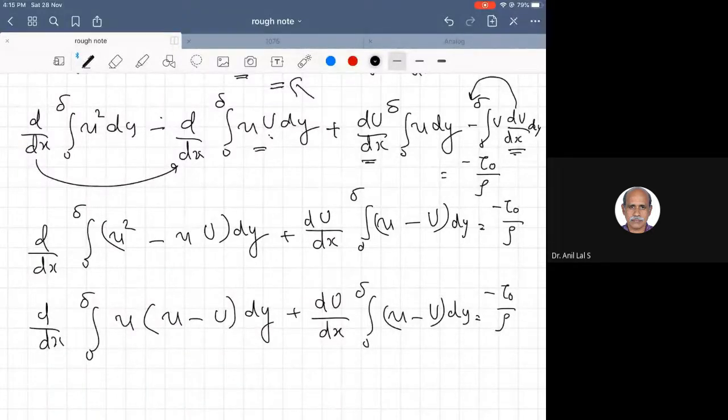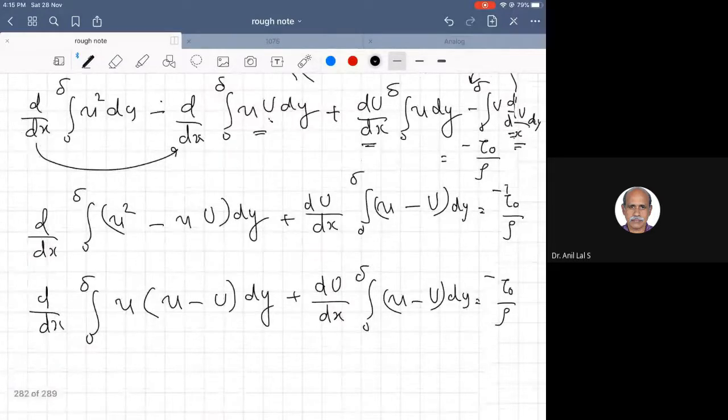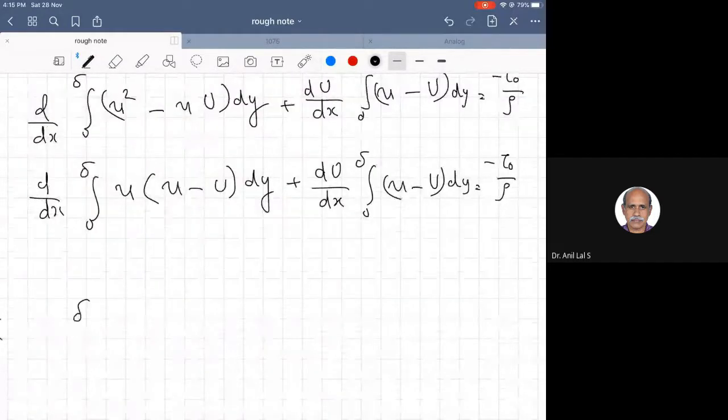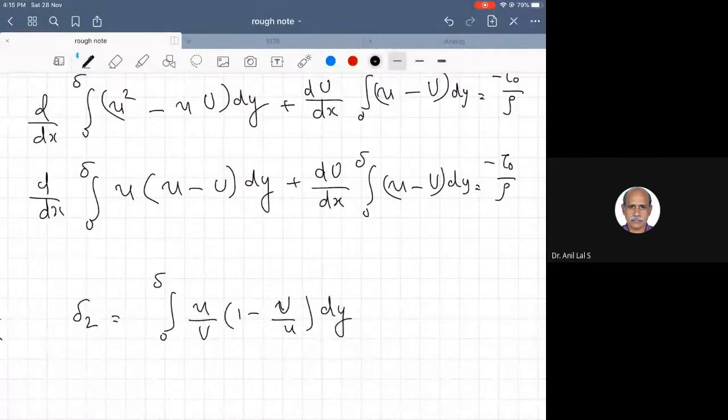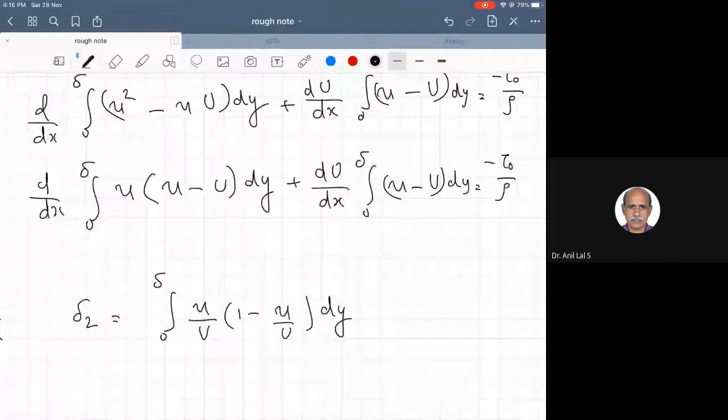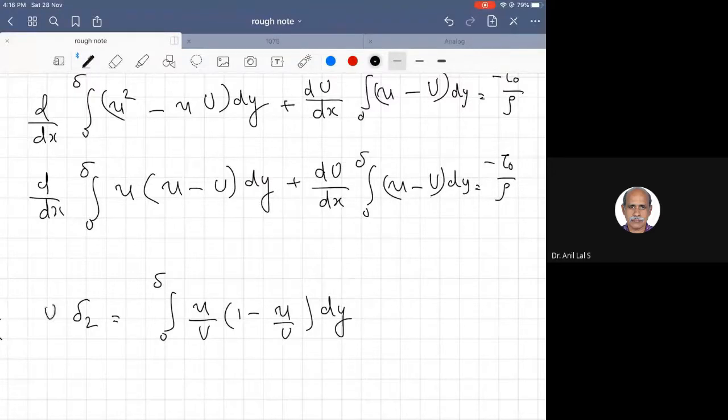If you look closely, we have something like the momentum thickness delta 2, equal to the integral from 0 to delta of small u by capital U into 1 minus small u by capital U, dy.